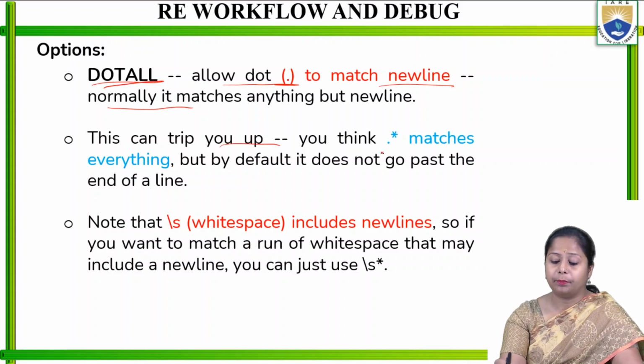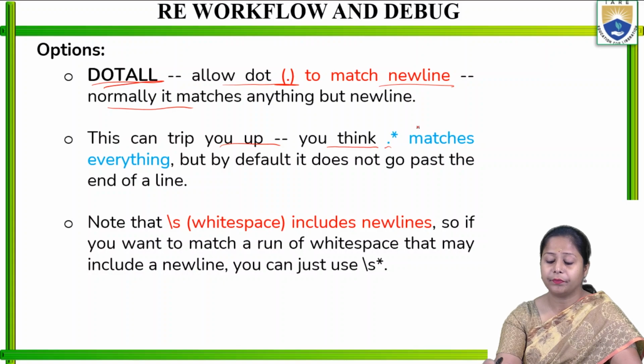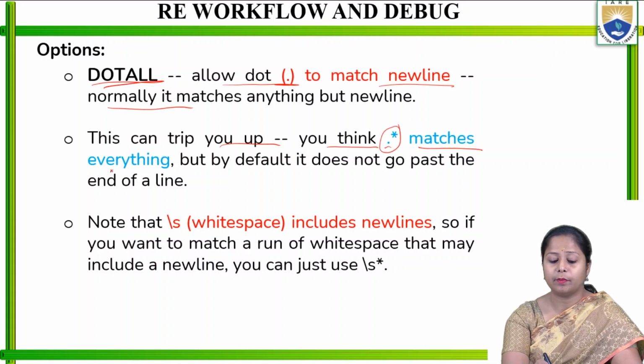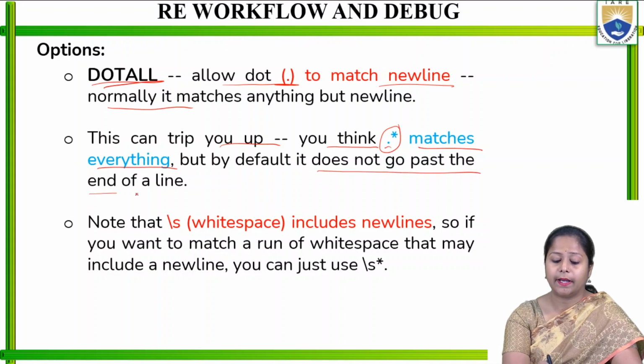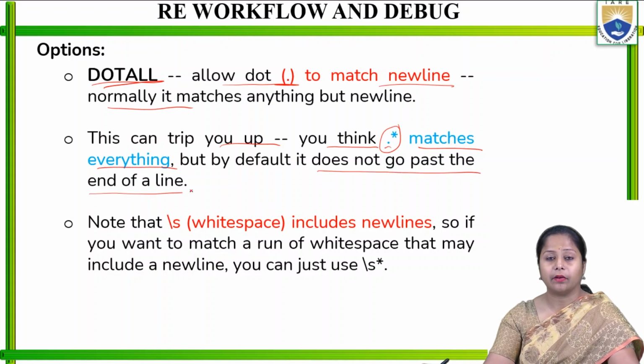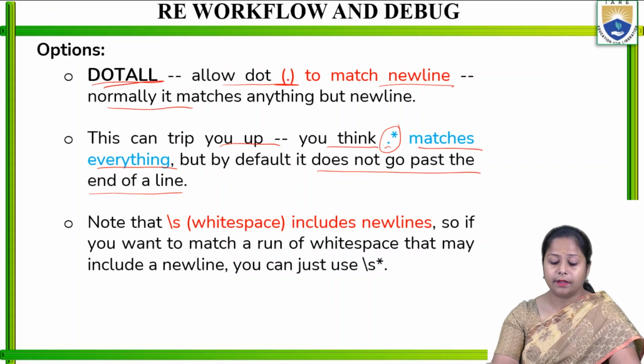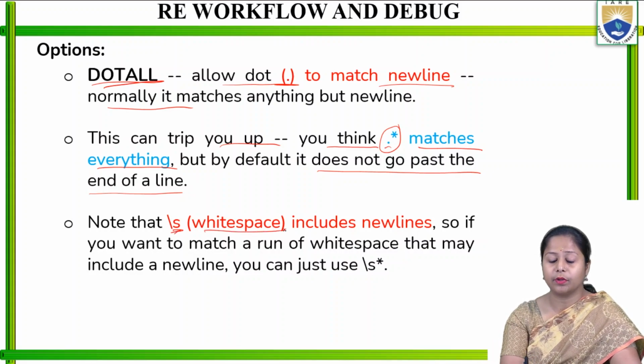This can trip you up. You can think dot and asterisk is going to match everything, but by default it does not go past the end of the line. That is the meaning of that. Note that backslash small s gives the white space, which includes the newline.